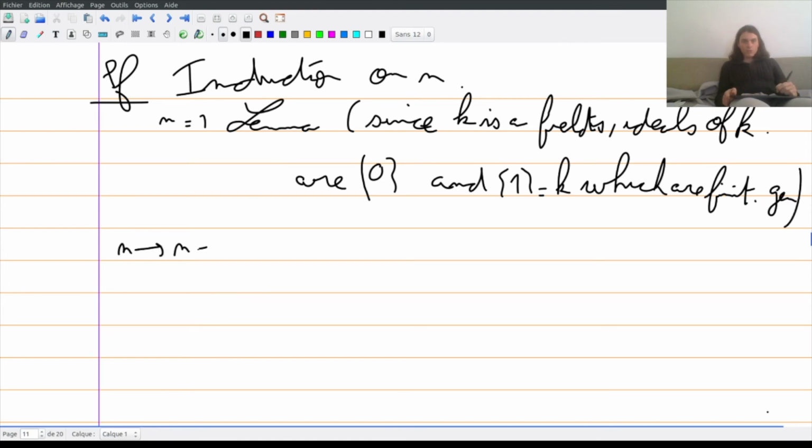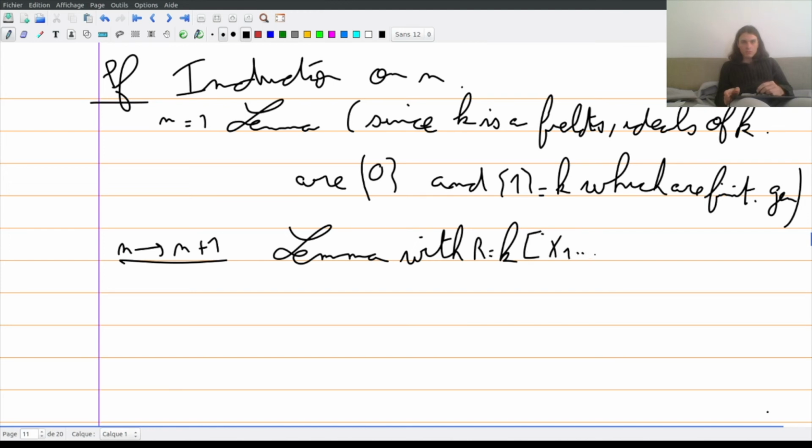So if you want to go from n to n plus 1, you just consider the lemma with R equal K[x1, ..., xn].